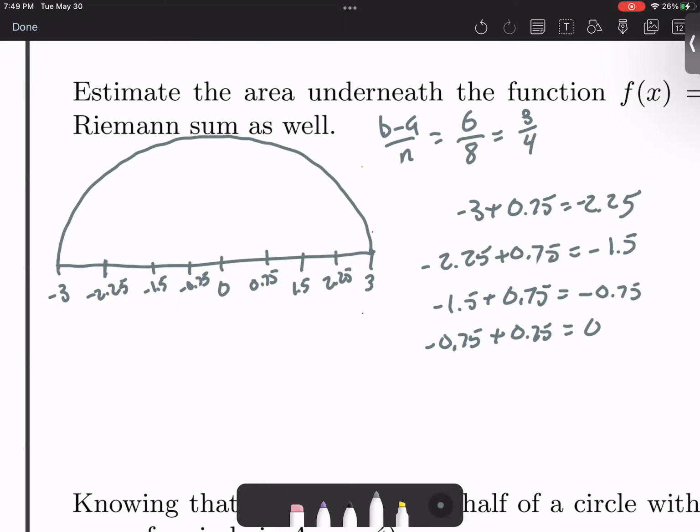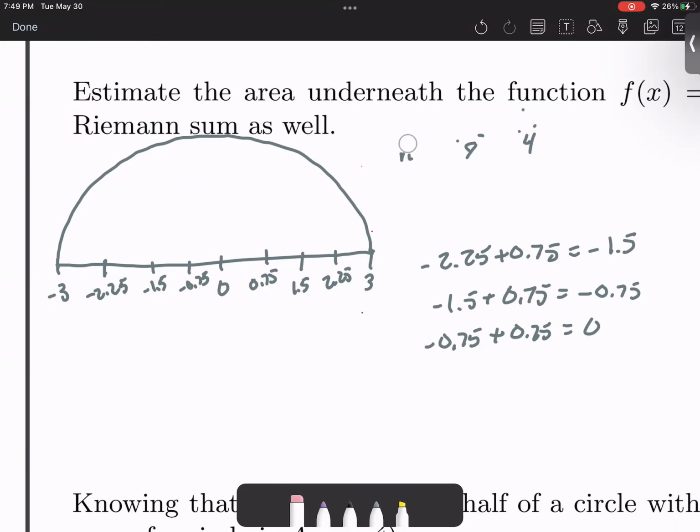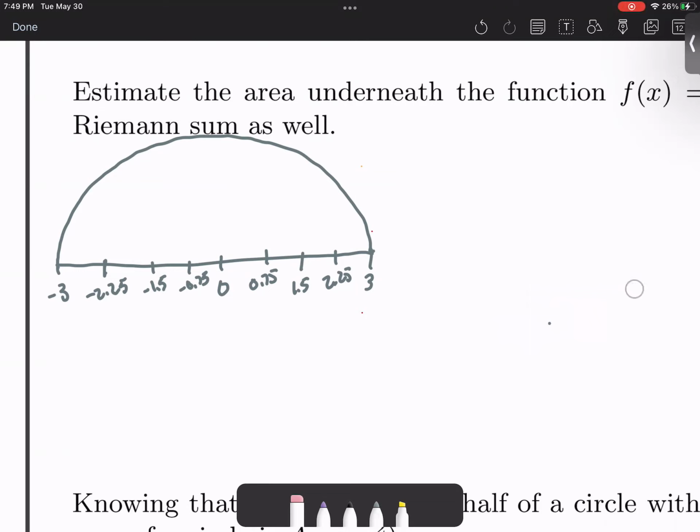Let's do another left-hand Riemann sum. So let's get rid of the work that we've used now. If we use a left-hand Riemann sum, this first rectangle is going to have trivial height because the height of the rectangle is my function value at minus 3.